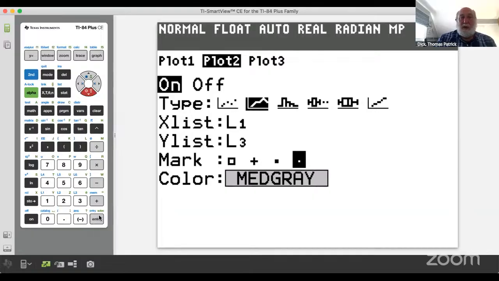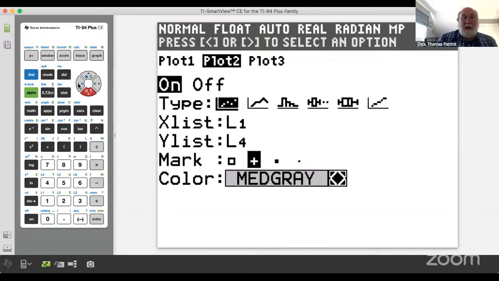We'll do a scatter plot, and this is going to be L1 versus L4, because that's where we actually calculated those residuals. I'll use a plus sign instead of the square, and let me choose red for residuals.